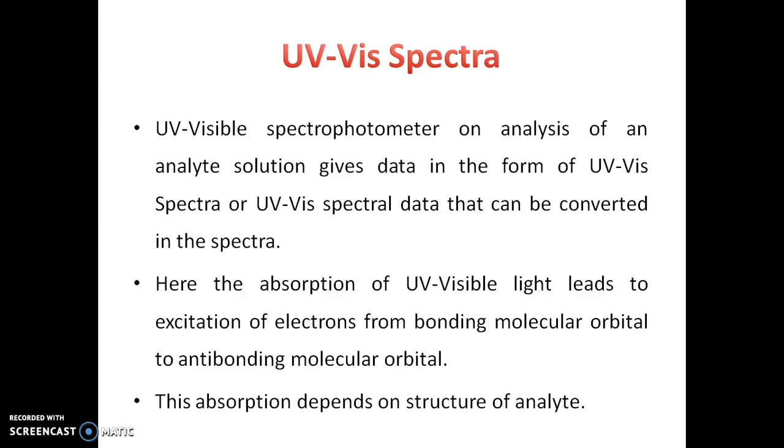In short, the analytical data obtained from the UV visible spectrophotometer is converted into graphical form, and that graphical form is called a UV visible spectra. This spectra is obtained due to the excitation of electron from bonding or non-bonding orbital to the anti-bonding orbital, and this excitation property depends on the structure of the analyte.